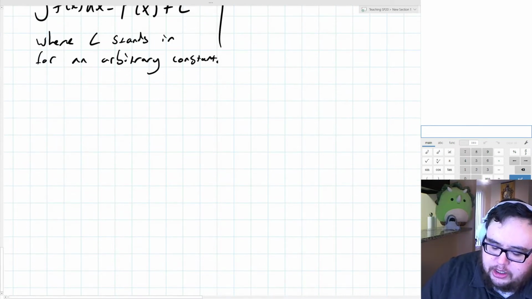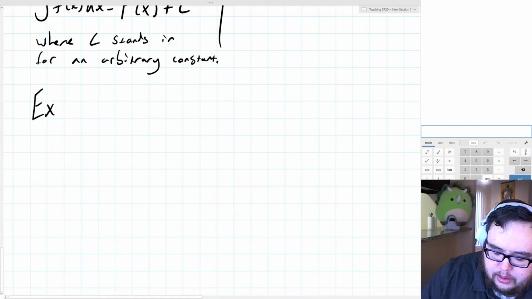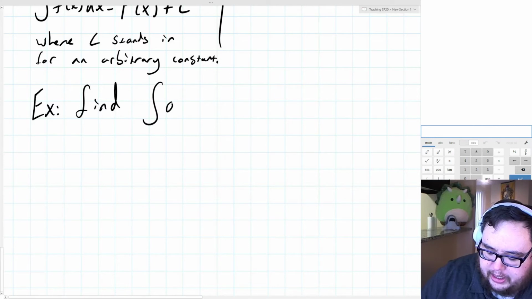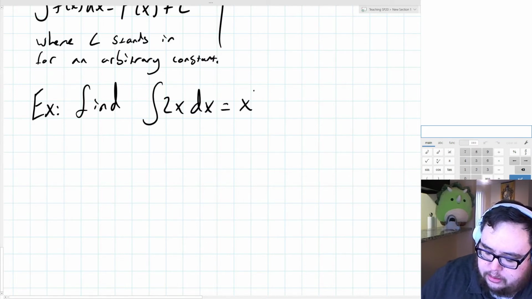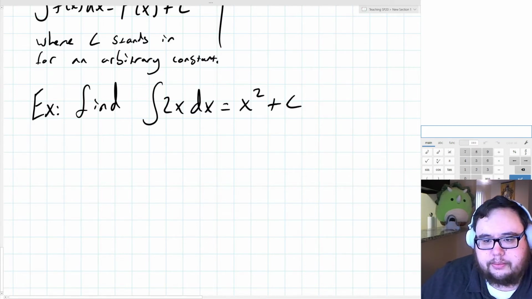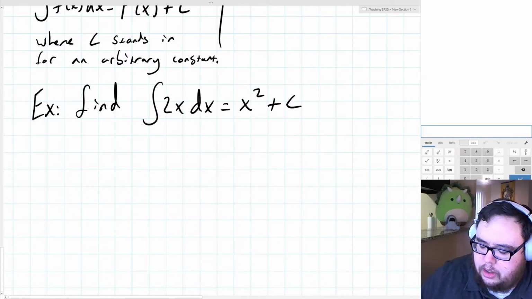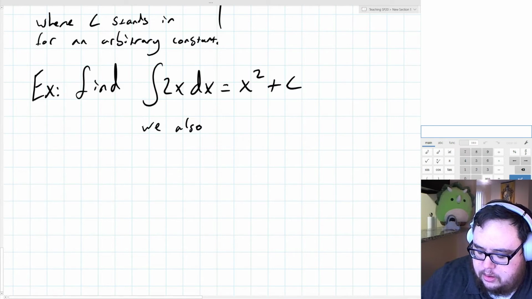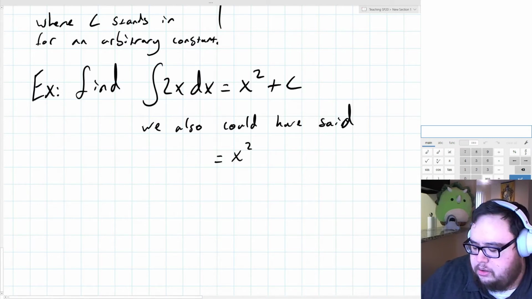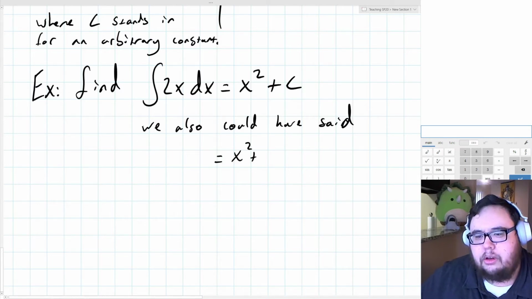So to rephrase our example, let's find the integral of 2x dx. Well, that's going to be x squared plus a constant. Note that we also could have said x squared plus 1 plus c.